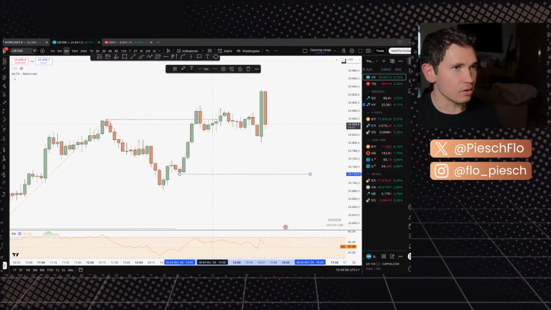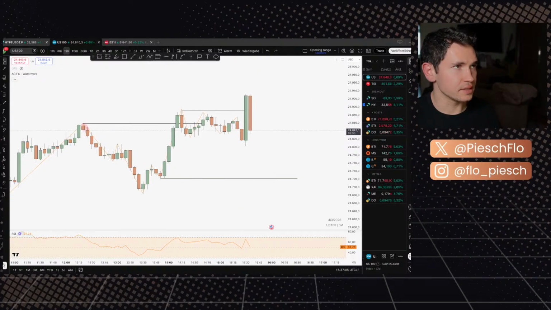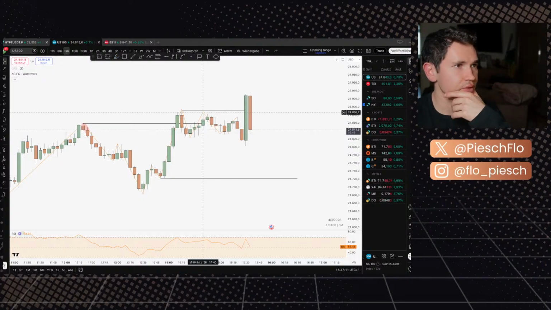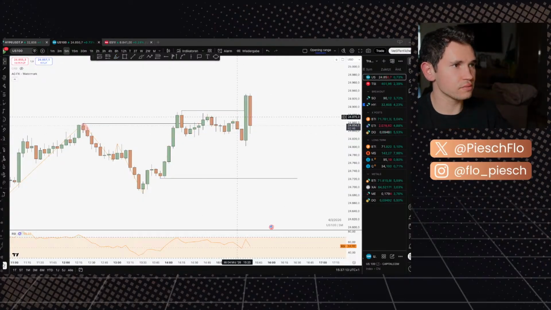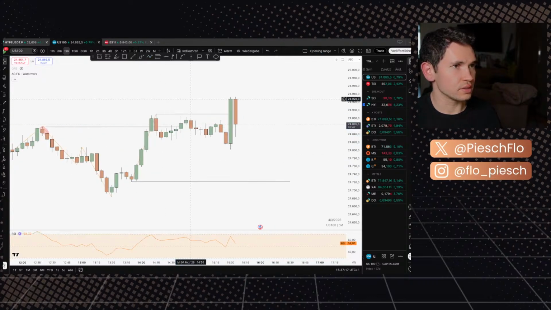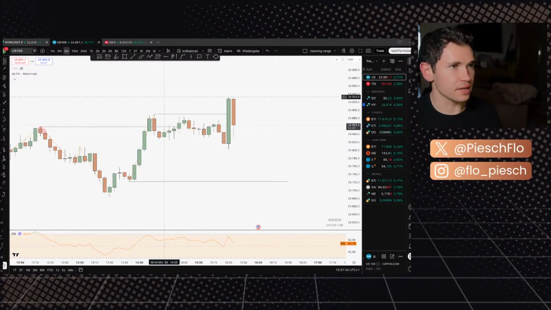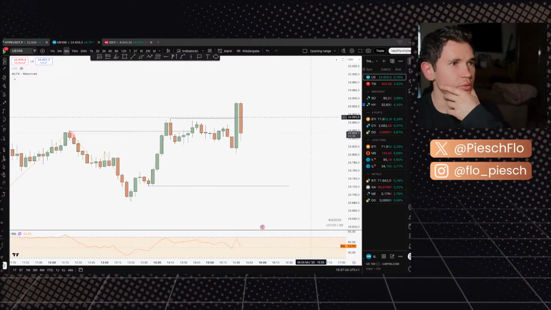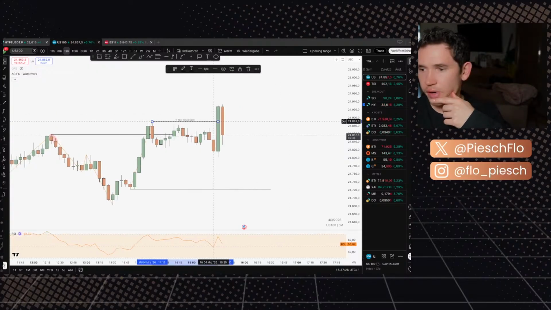Obviously this is a low. And this is the high. This is all internal liquidity. That's not very important for us. We are just looking at the extremes. So this and this is the low, this is the high. And now the question is, we grabbed liquidity right here.